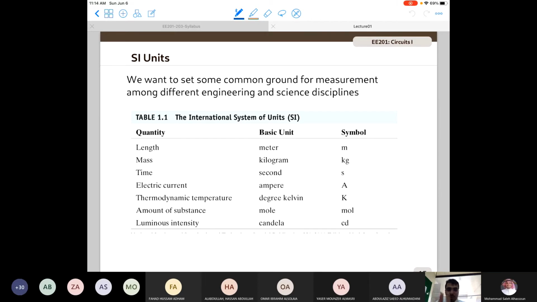If we say something is 1.5 meter tall, you understand what 1 meter is. So we have a common ground for our measurement.